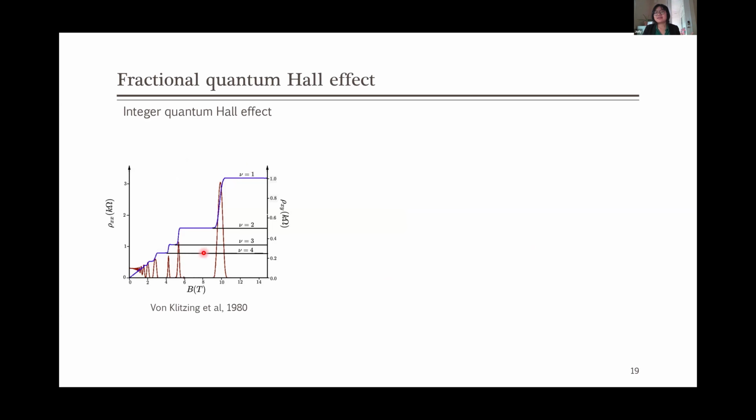At certain magnetic fields, the longitudinal conductivity or resistance becomes 0, and the transverse conductivity or resistance becomes quantized to e squared over h. That's the integer quantum Hall effect.